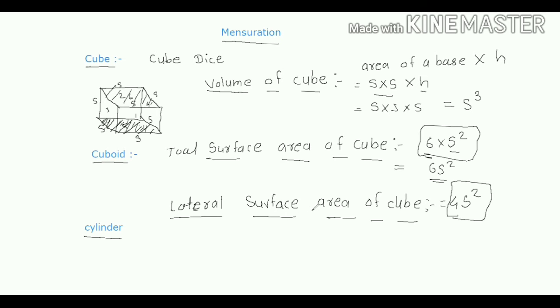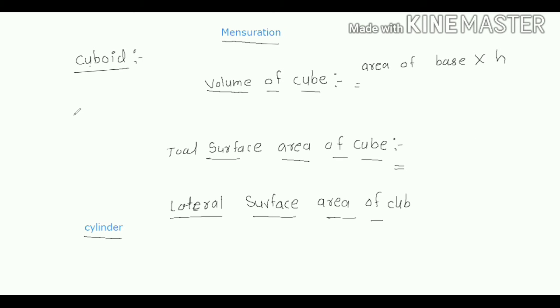Now we are going to talk about the cuboid. I'm drawing one figure of a cuboid. A cuboid is made up of rectangles. In the cuboid also we have formulas for the volume, total surface area, and lateral surface area.